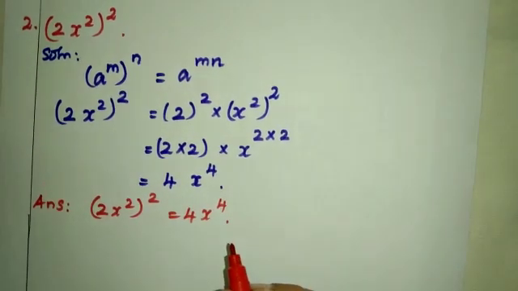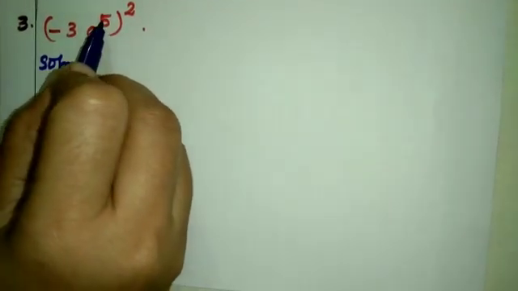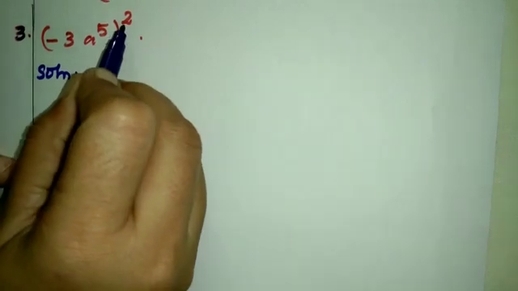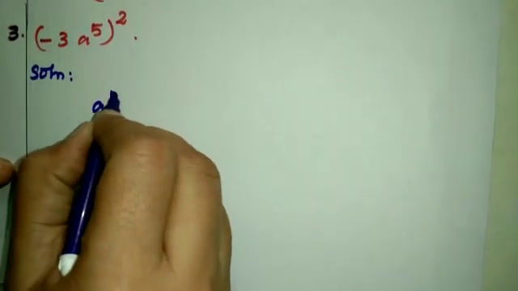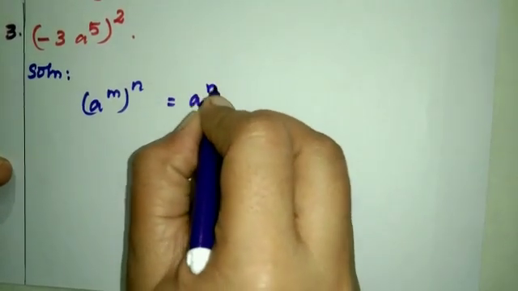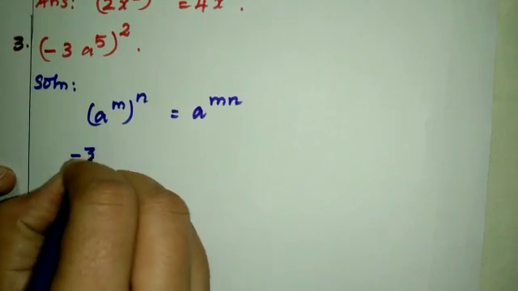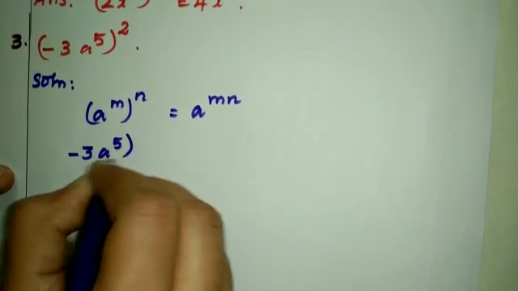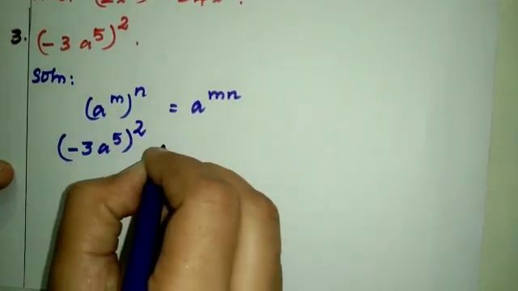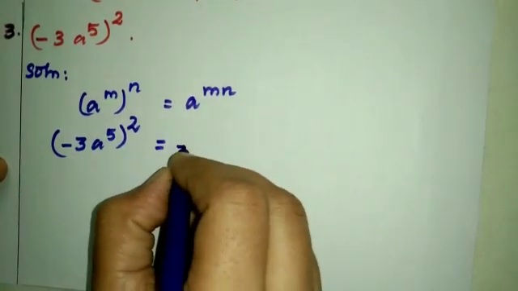This is the answer. Next question is minus 3 a power 5 the whole power 2. How to use the power law? A power m the whole power n, that is a power mn. Here what is the question? Minus 3 a power 5 the whole power 2, which is equal to, you want to separate the powers.